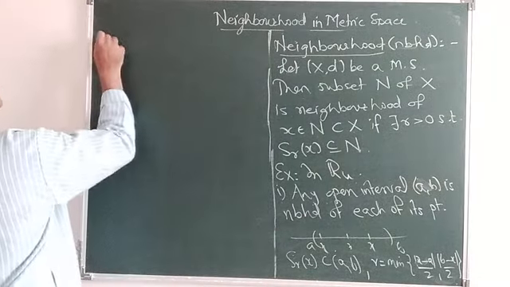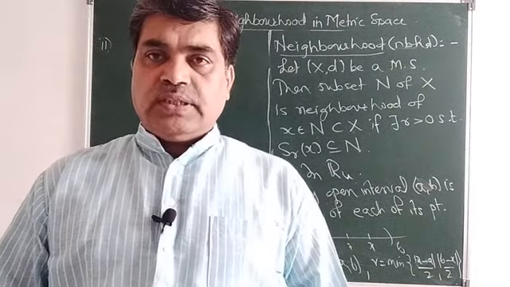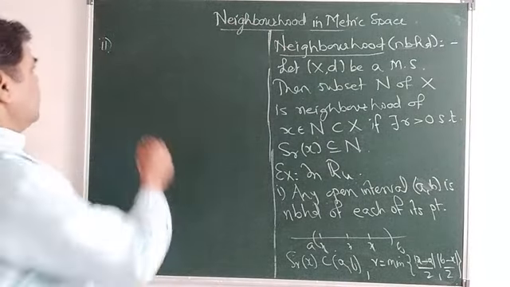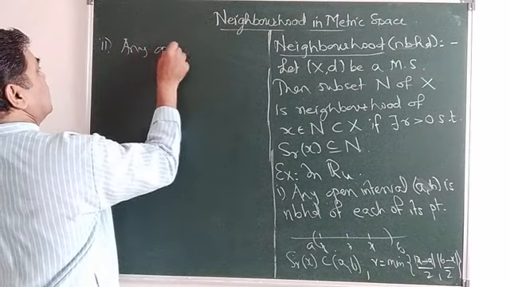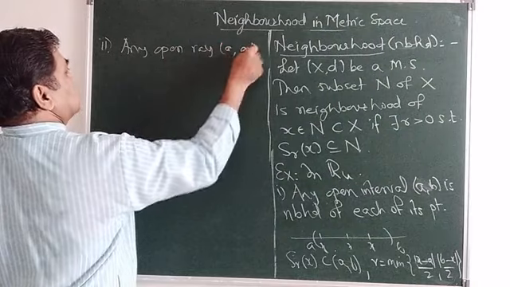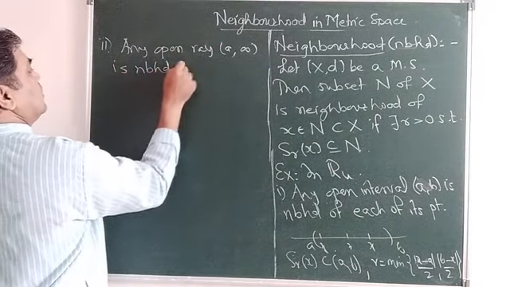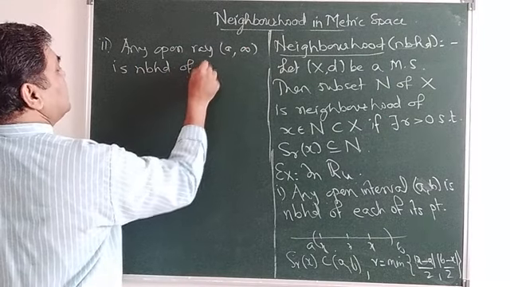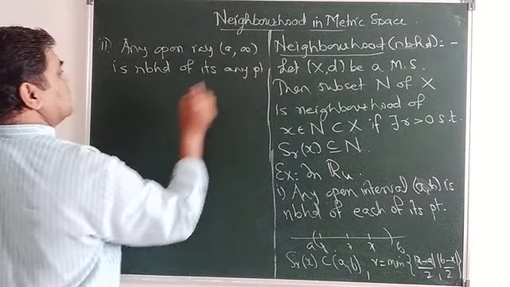Second, if I take an open ray, any open ray, or the open ray (a, infinity), it is a neighborhood of each of its points.